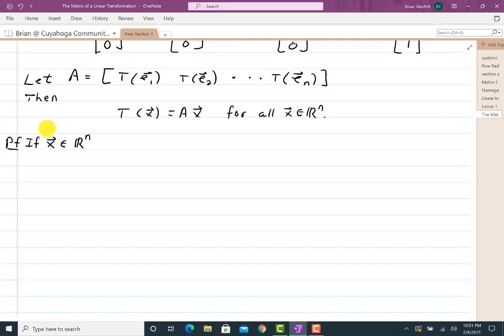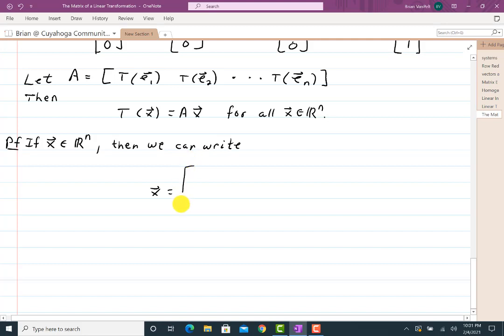So if x is in Rn, then we can write x equals, and I'll make a vector as small as I can, but enough to show the details. Since x is in Rn, there's n entries for it.